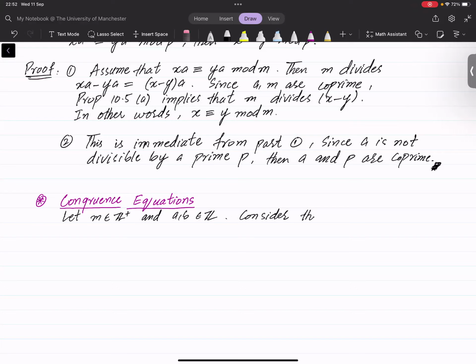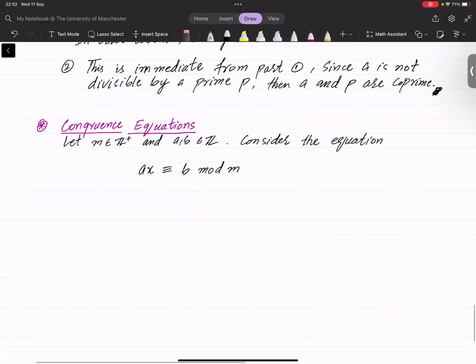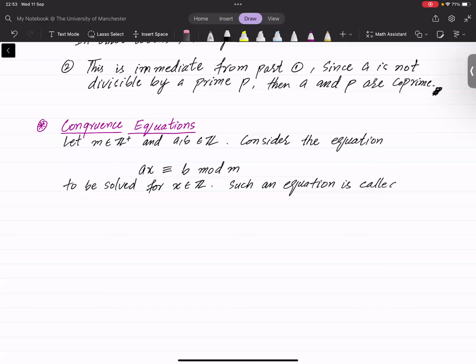Consider the equation ax is congruent to b mod m, to be solved for x in Z. Now such an equation is called a linear congruence equation.